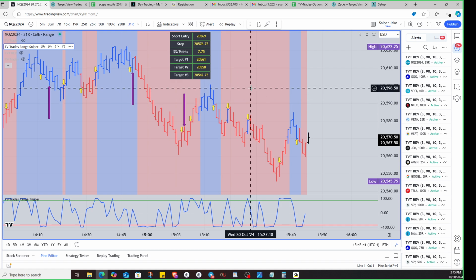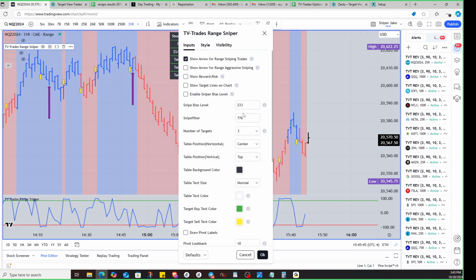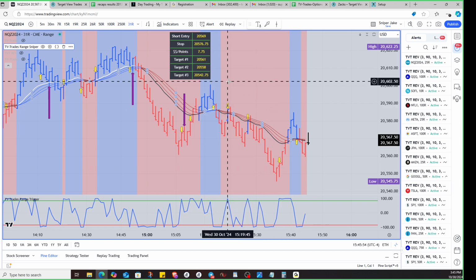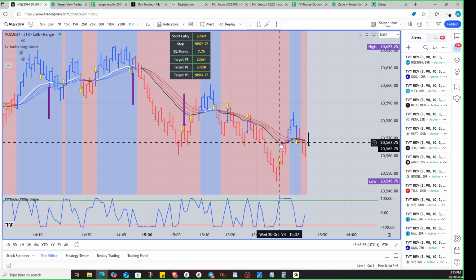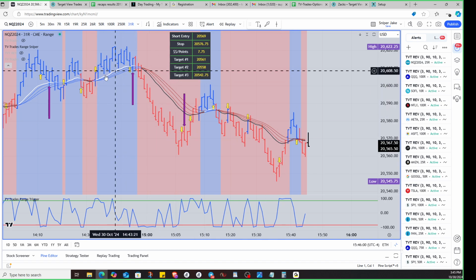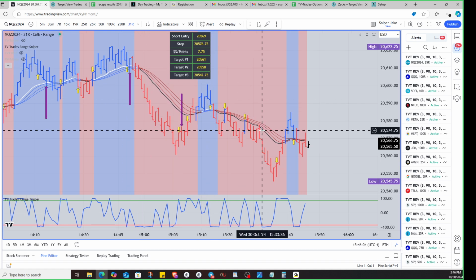But if you want to see the ribbon, you can add it just by making this a 777, right here, the snipe filter inside the range sniper. That'll add that ribbon on there for you. Now, when the black is on the bottom is when you want to be thinking short. When the white is on the top is when you want to be thinking long. And when it's mixed up, you don't want to trade.